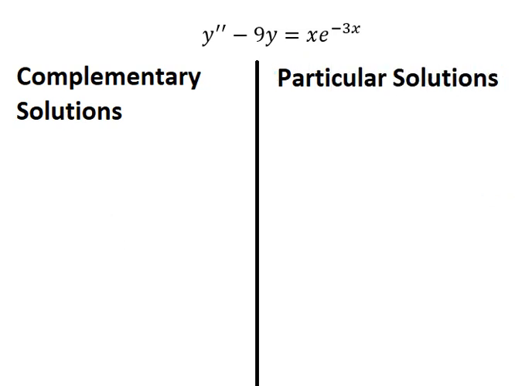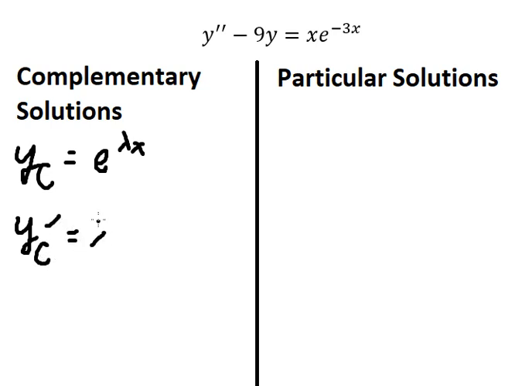About the first one, we need to put yc, that is e to the power of lambda s. Later, we need to do the first derivative of yc, and we have lambda e to the power of lambda s.